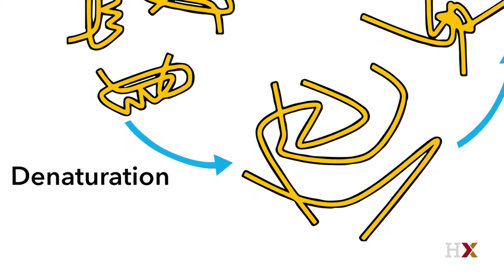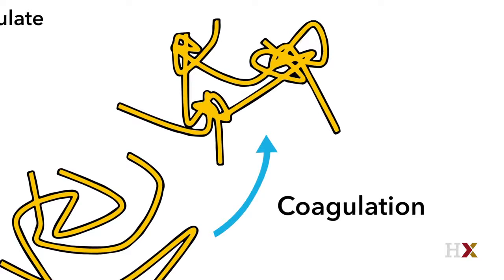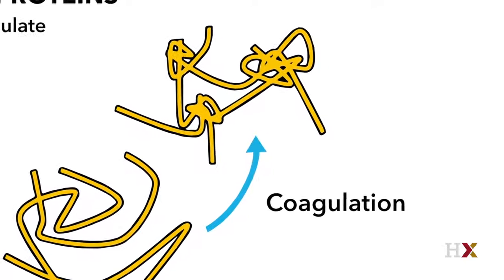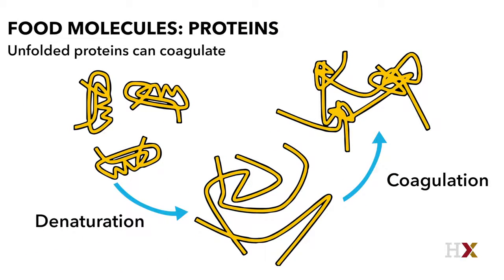And when it does that, then it turns out that the polymers, that is the different proteins that are in the food, tend to stick to each other and they sort of coagulate and you form a gelatinous mass. And that process, the changing of a protein from a compact shape to a big gelatinous mass of many proteins interacting, is at the heart of cooking an egg. It's at the heart of making Jell-O. It's at the heart of many of the food transformations that we will see in this class.